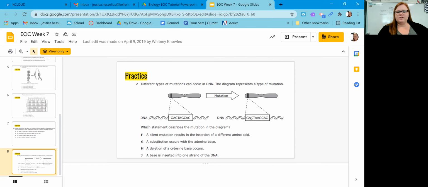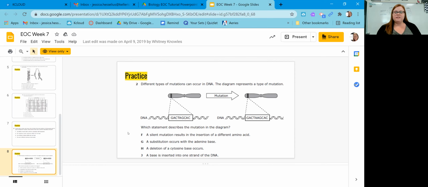And over here we have 1, 2, 3, 4, 5, 6, 7, 8, 9, 10 bases. So just counting alone, we know that we added an extra base here, right? This would not be a silent mutation, more than likely, because insertions and deletions add or subtract from the entire length of your DNA sequence.